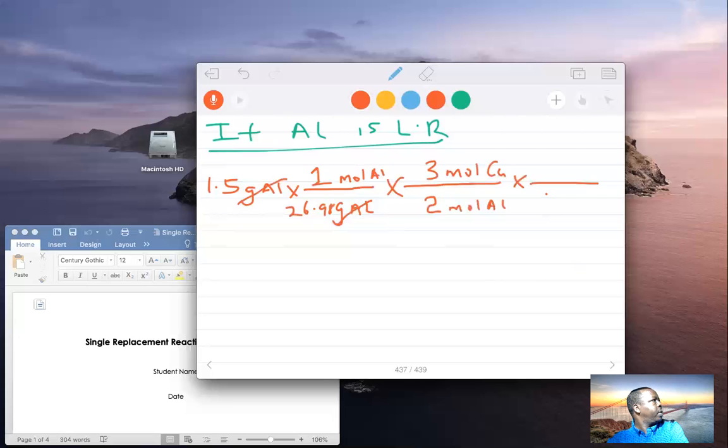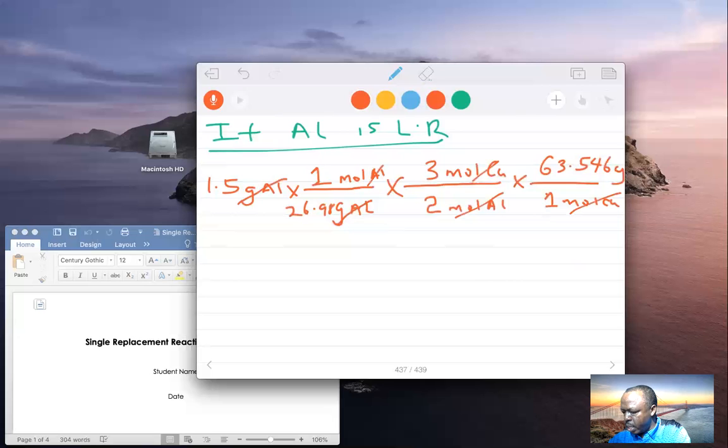Copper is 63.546. This is 1 mole of copper, and this is grams of copper. So that is moles of aluminum.